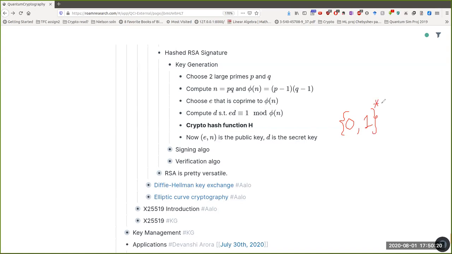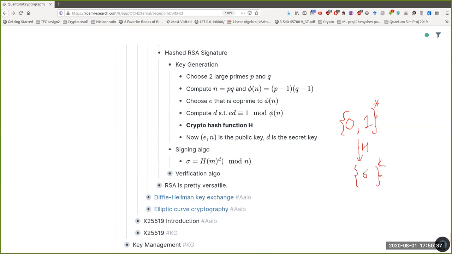People who code in Python will know regex. So {0,1}* is any length, arbitrary length messages. Hash boils it down to some fixed length, say k. A k-length binary message.